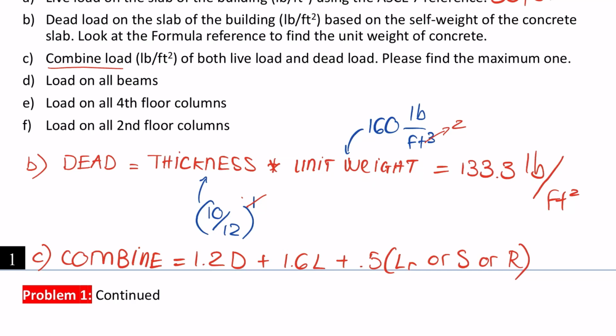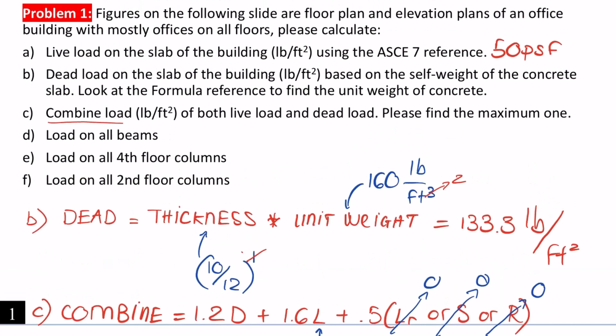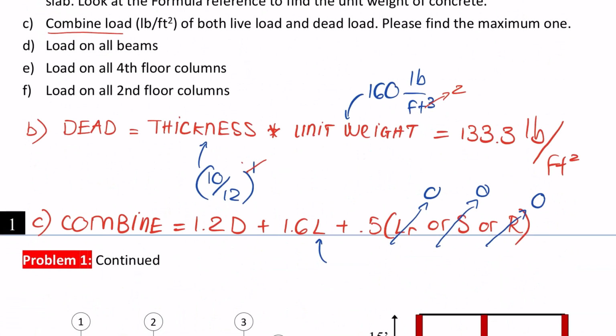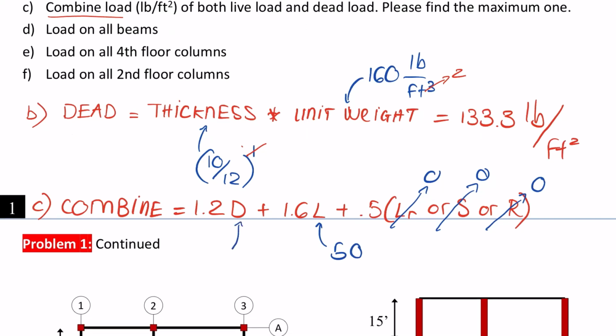And we know this one just equals 0. The L over here we already know from A is 50. The D over here we know from B is 133.3.